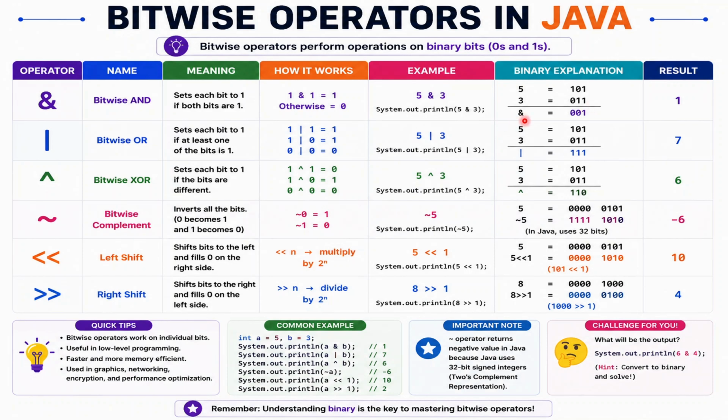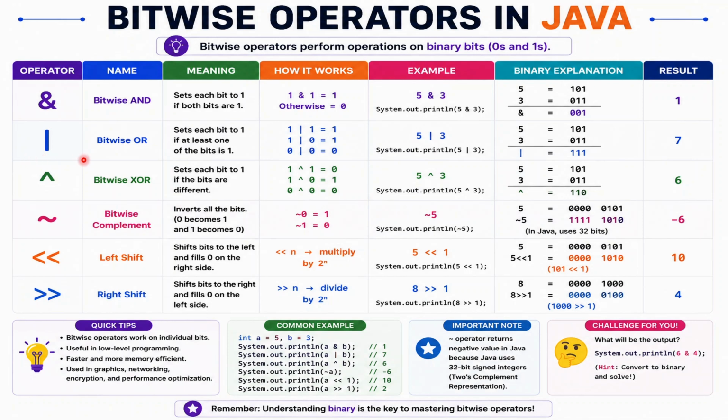When we apply the AND operator for 5 and 3, it checks: 1 and 1 is 1, the rest are all 0. So 1 0 is 0, 0 1 is 0, 1 and 1 is 1. I hope you understand, and the result becomes 1. How this result becomes 1, we are also going to see in the practical video.